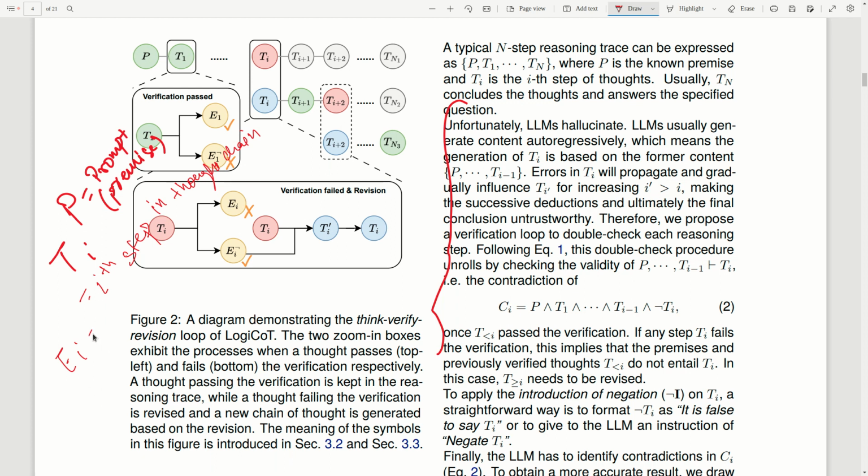And there's one more thing, C of I. This refers to the contradiction step in the chain of thought reasoning process in this framework.